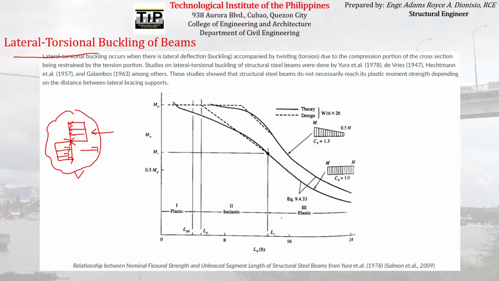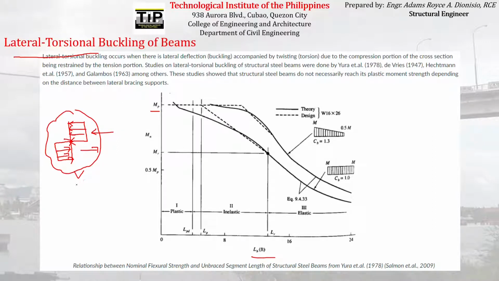If you look at this graph, the horizontal axis is the unbraced length, LB, and the y-axis is the plastic moment. For a steel beam, the capacity is usually expressed in terms of moment, specifically the plastic moment, because we assume that the plastic moment is the maximum moment that the steel beam can resist.